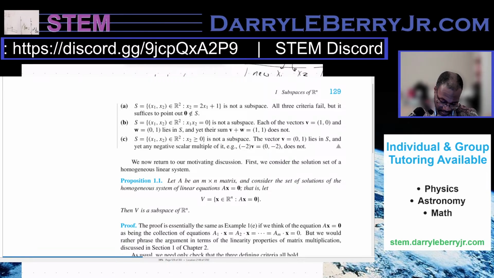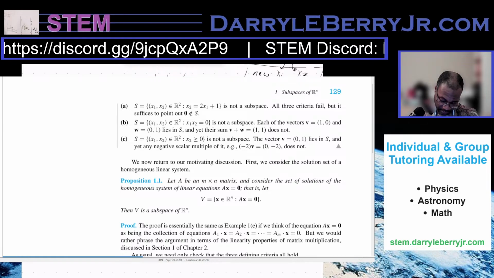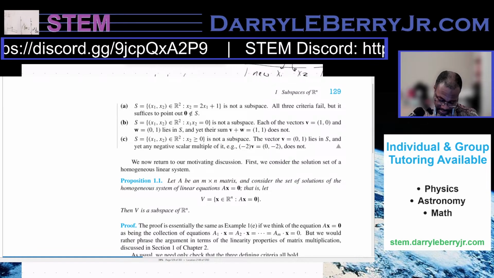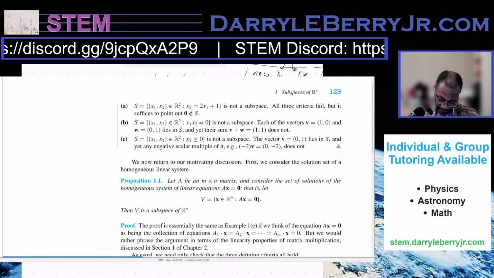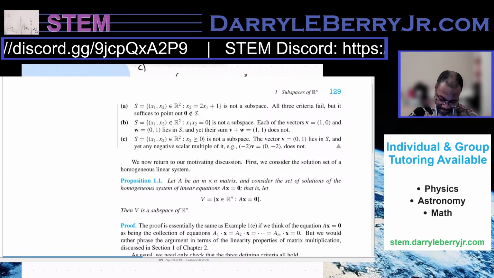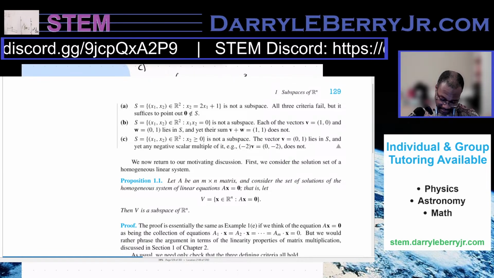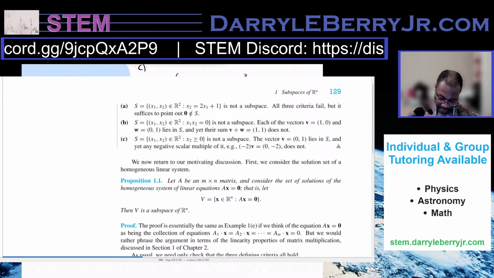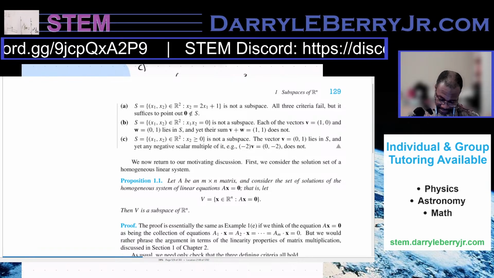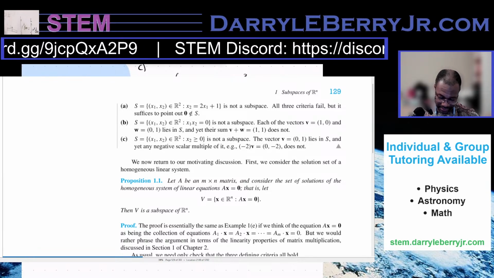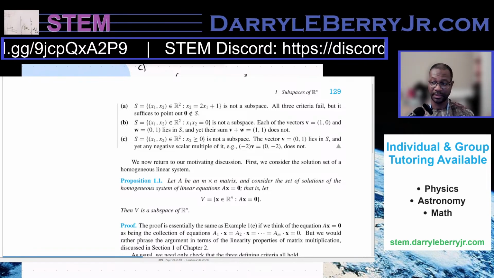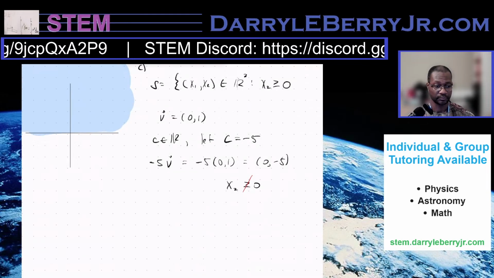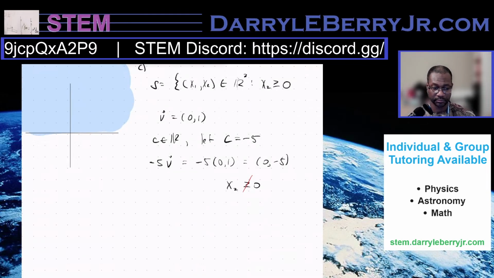So if v equals 0, 1, and c is a real number, and we let c equal negative 5, then negative 5v equals negative 5 times 0, 1 equals 0, negative 5, and x2 is greater than or equal to 0 is not true. So it doesn't pass under scalar multiplication, right?